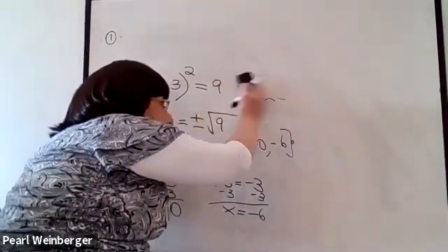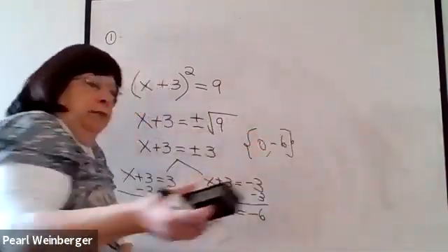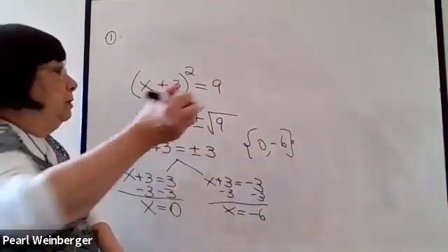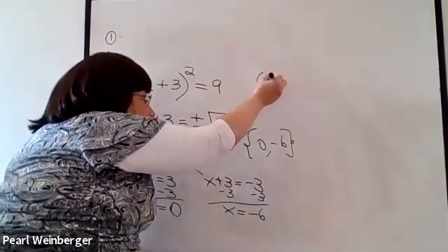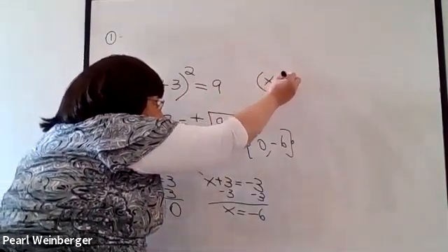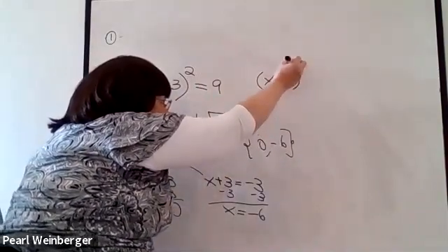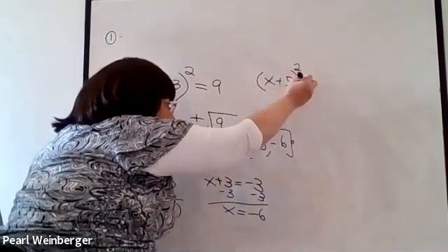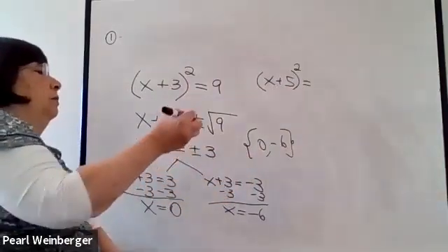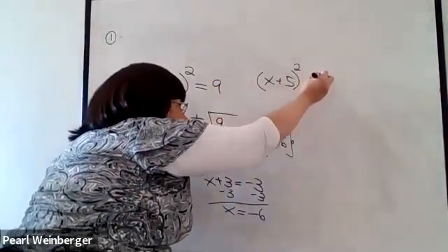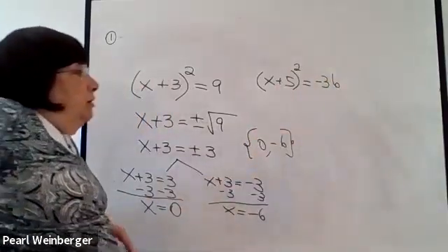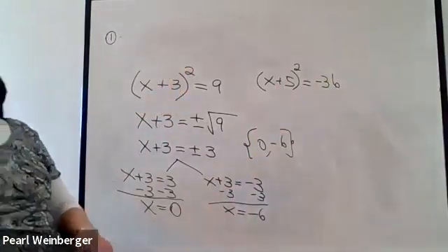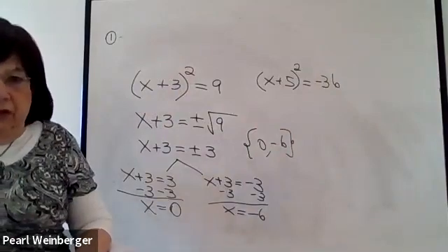Okay, I'm going to give you one to try now also. Let's say I gave you this one. Suppose I gave you x plus 5 squared equals negative 36.